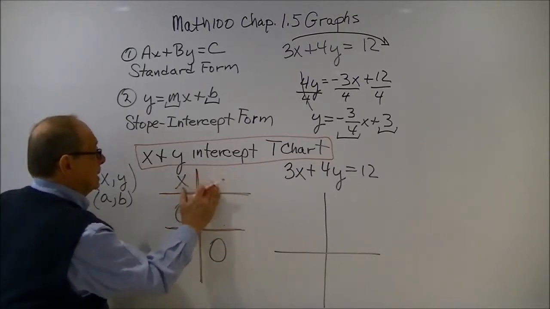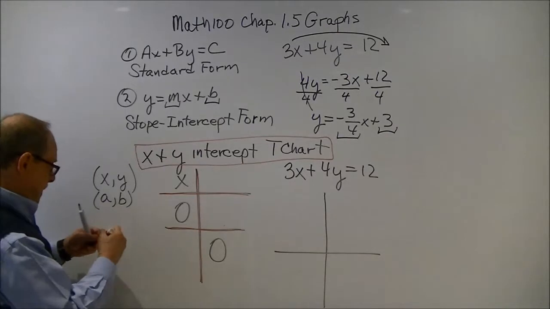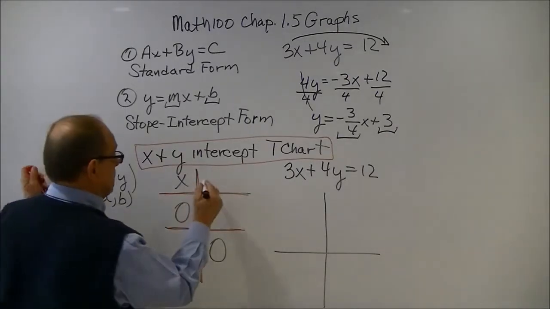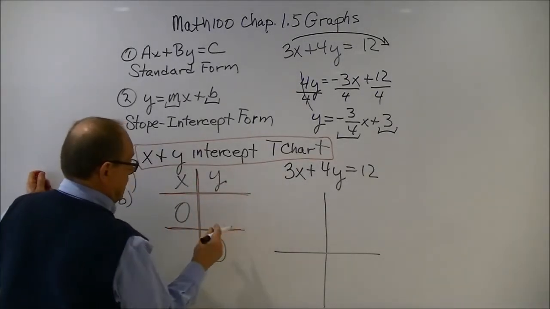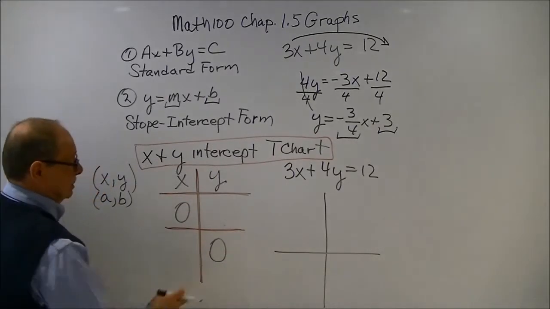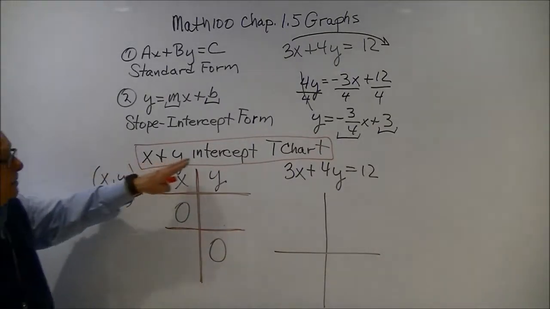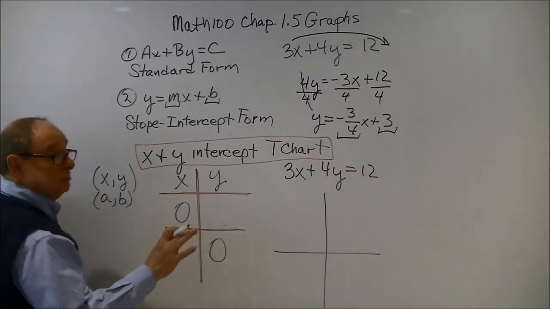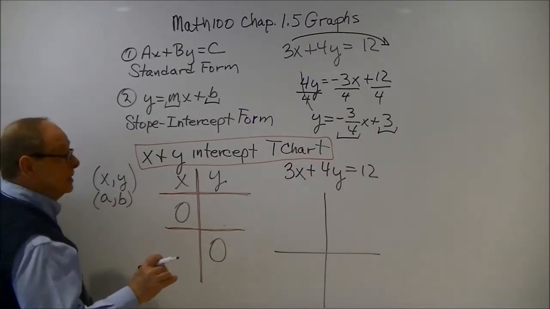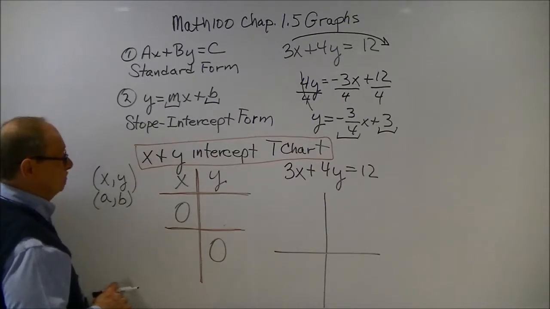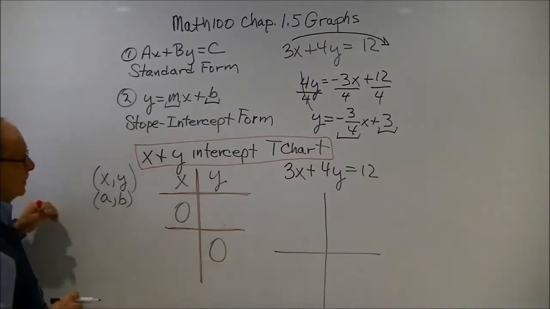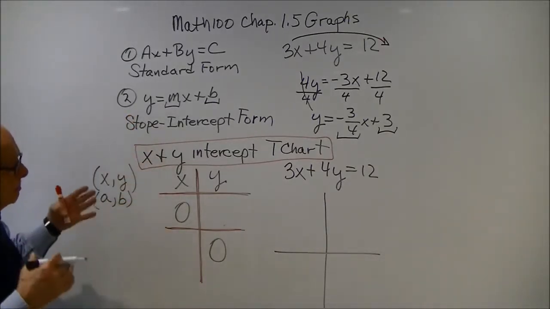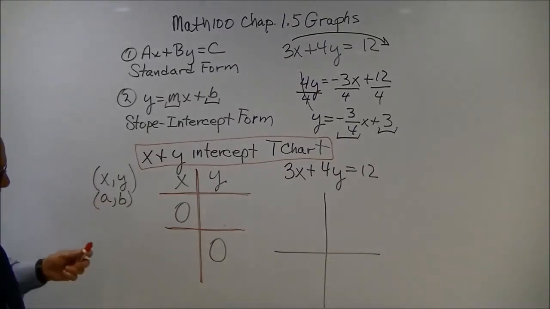And I guess I had that incorrect there. That should be a Y. Under the Y, a 0. This special T-chart will be used to help in graphing, as you'll see very shortly.